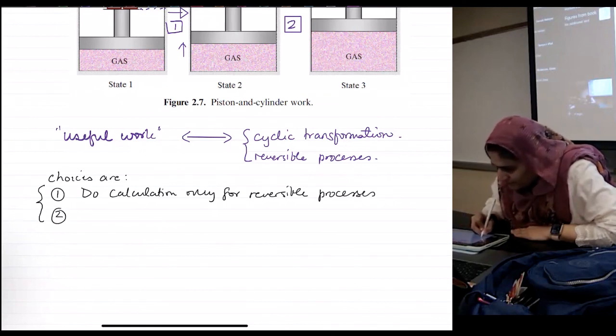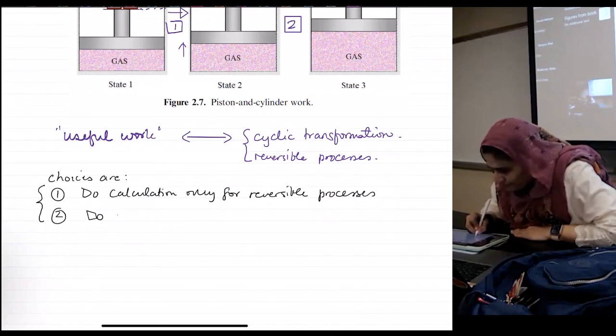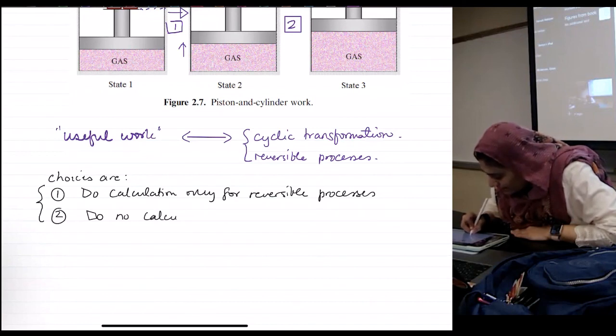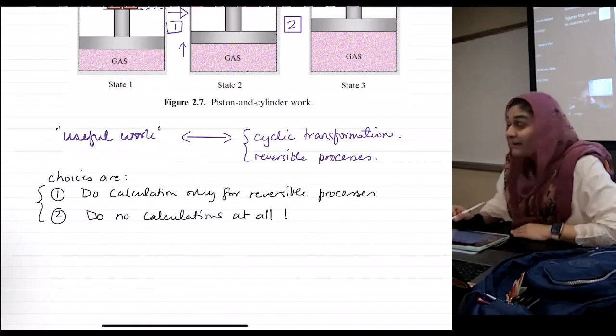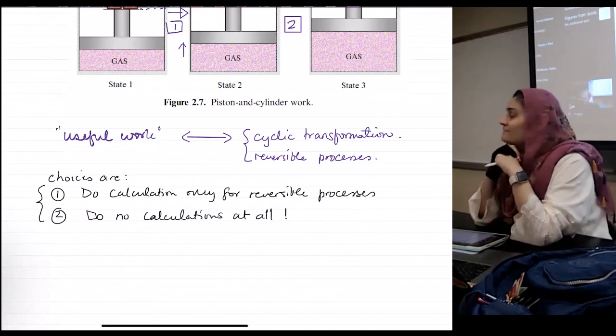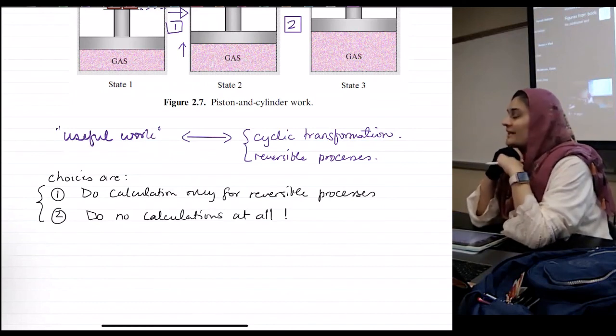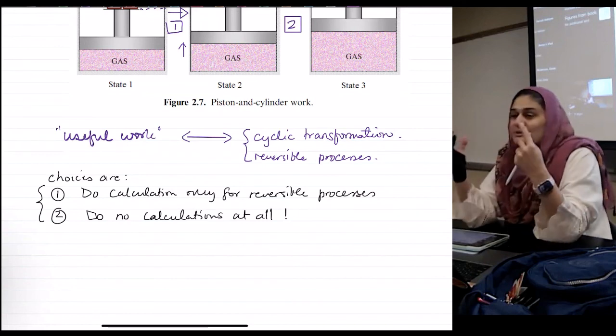And number two, do no calculations at all. And this is where engineering comes in. Because engineers don't get that option. They actually have to build stuff.